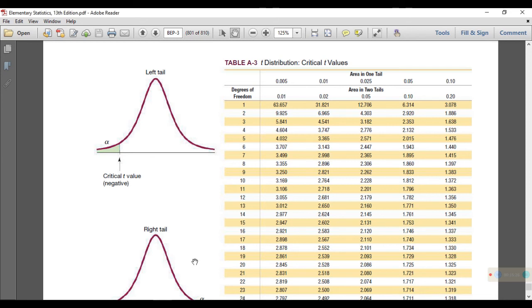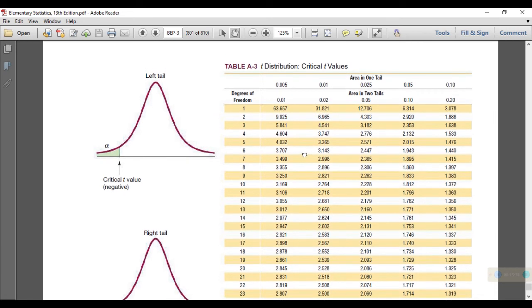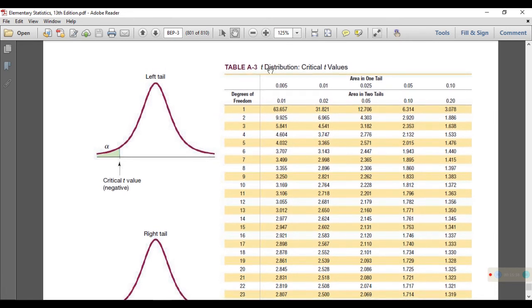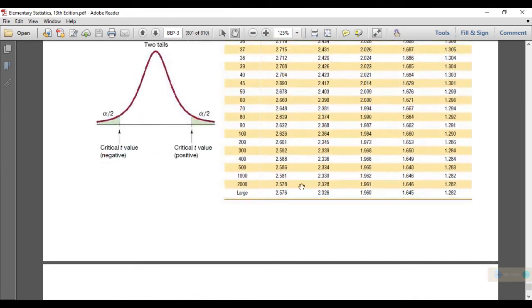So I have here the table of critical values. This is for the T distribution. But the Z here is located here. Ayan, yun nandito sa large. Or in some books, you will see that this is interpreted as alpha or infinity. Okay.